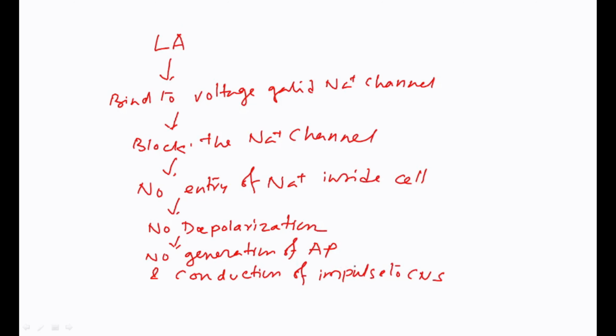If there is no conduction of impulse to the CNS, it will cause local anesthesia. So this is the mechanism of action of local anesthetics.